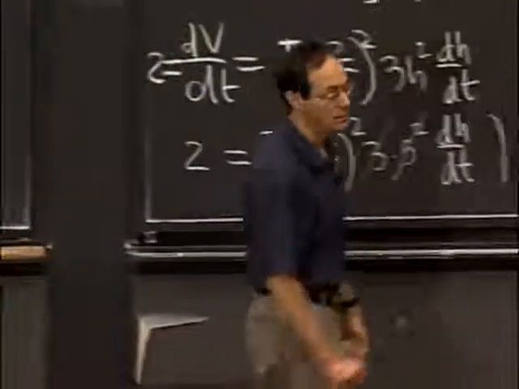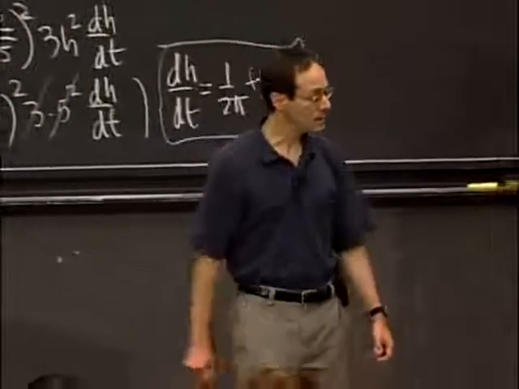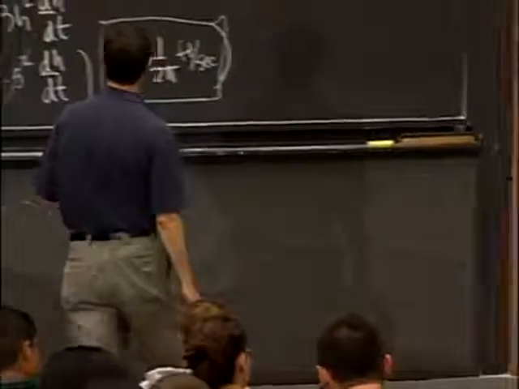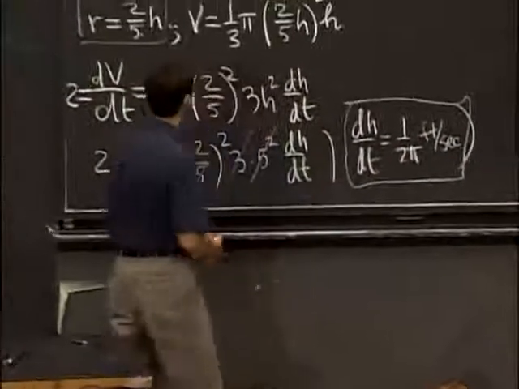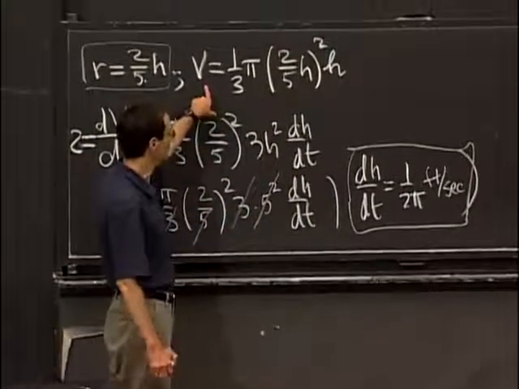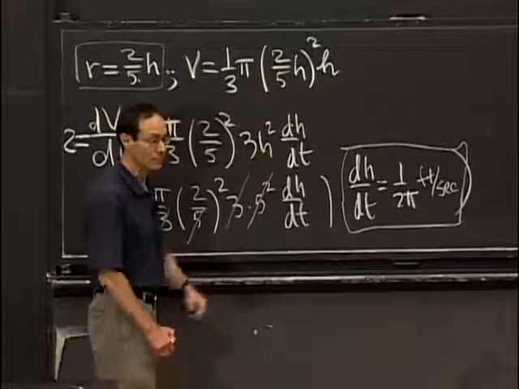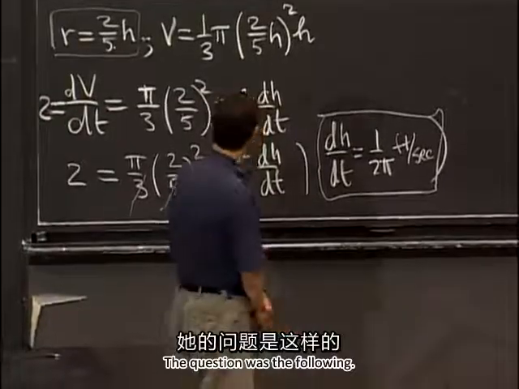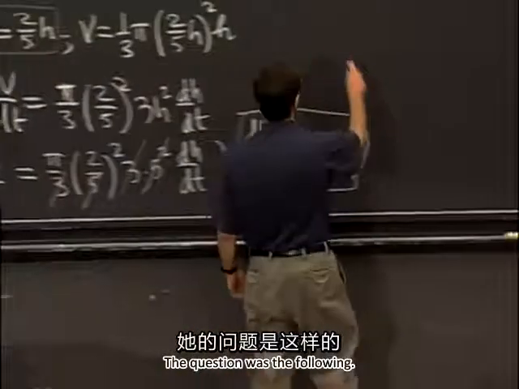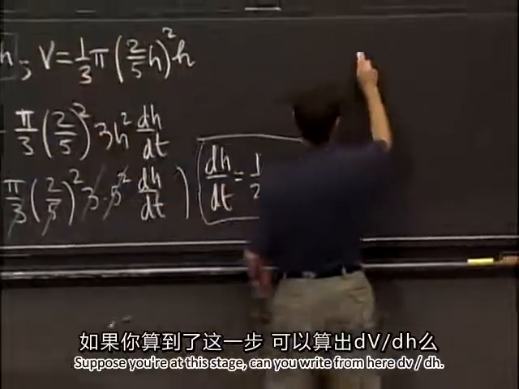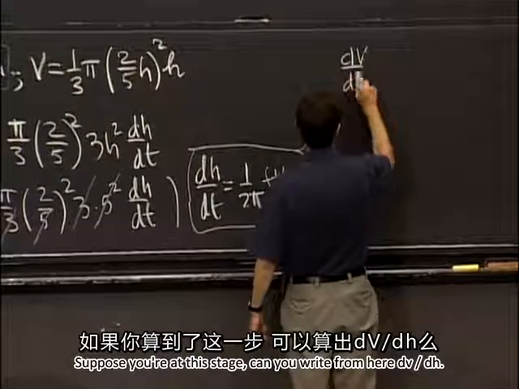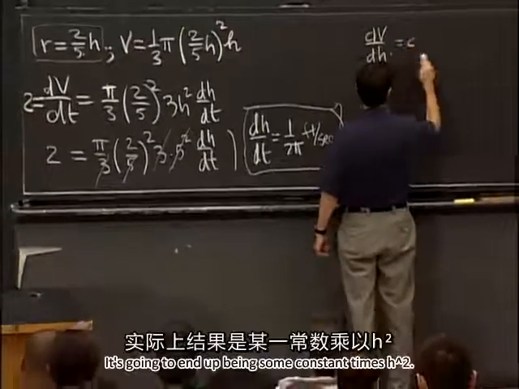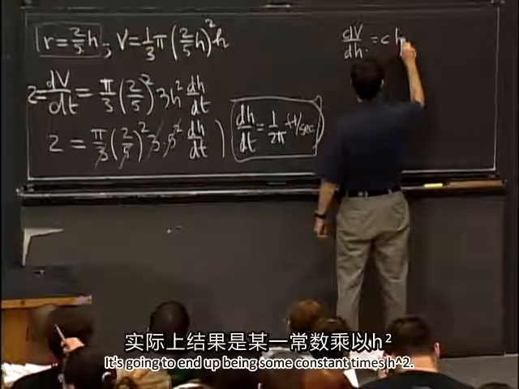Another question over here. The question was the following. Suppose you're at this stage. Can you write from here dV/dh? So suppose you're here, and work out what this is, which is going to end up being some constant times h squared.